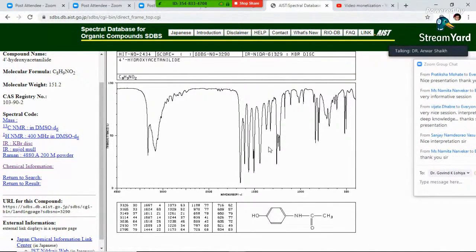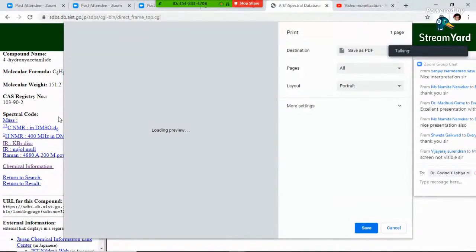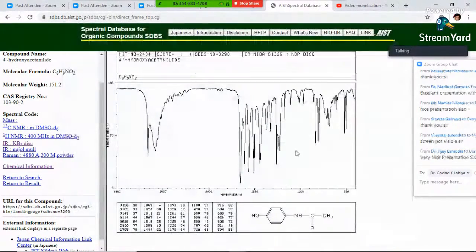Now, whatever you have learned till now, we'll be comparing. We'll be just checking our knowledge here. First of all, we'll draw a line at 3000. Here you will get a sharp peak in this region.